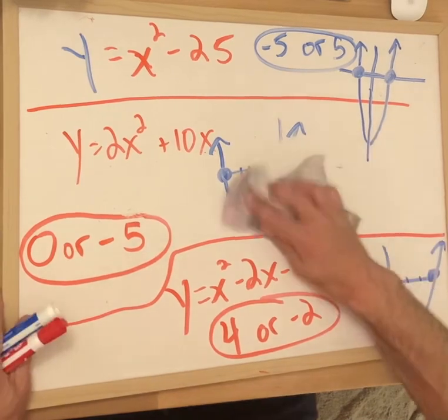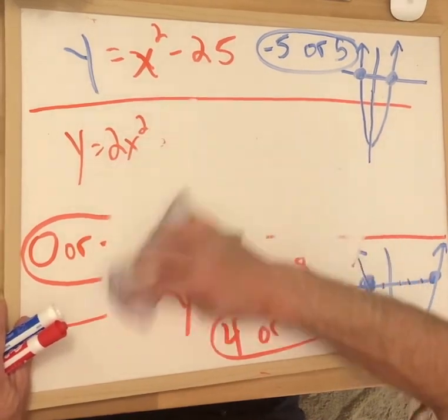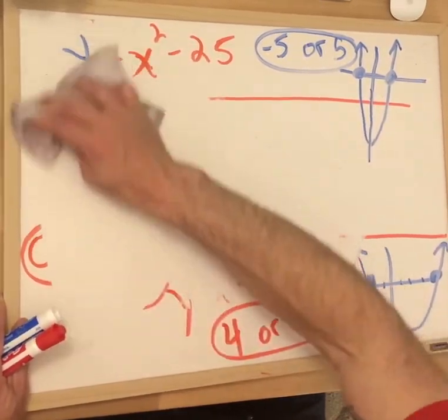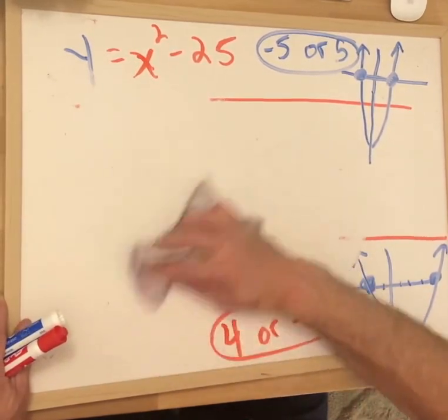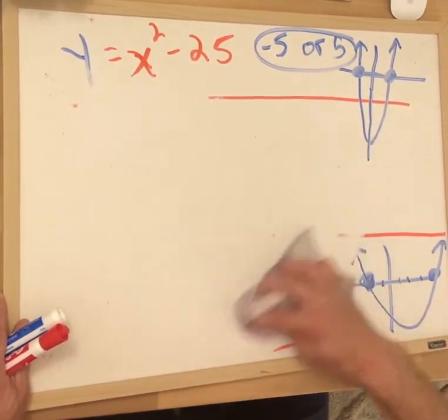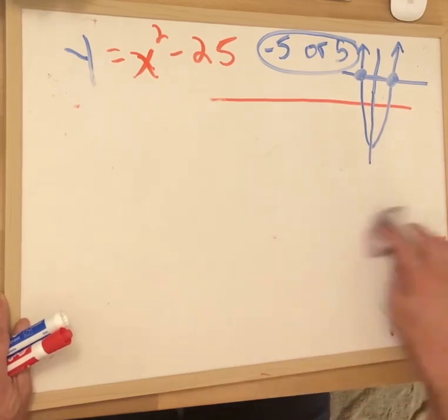These are called finding the solutions, or finding the roots, or solving, or finding the x-intercepts.